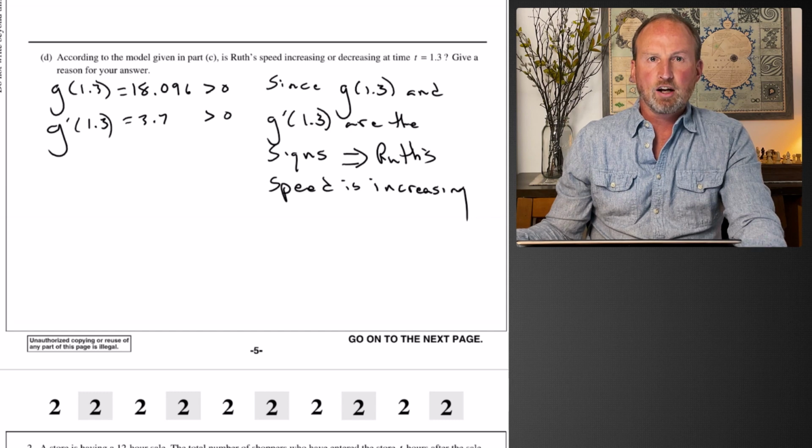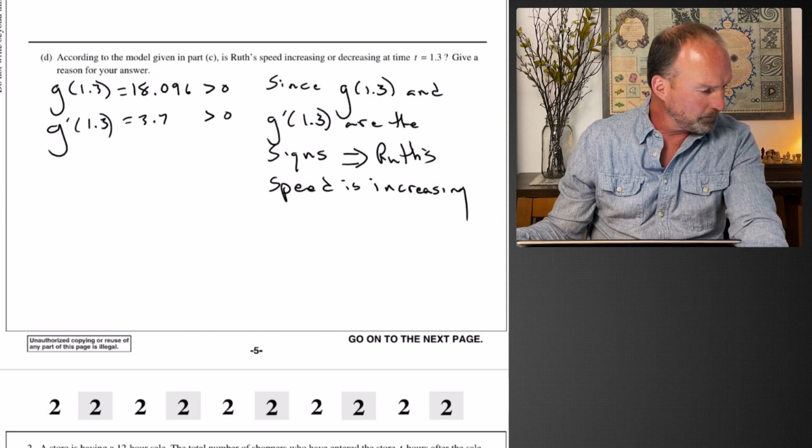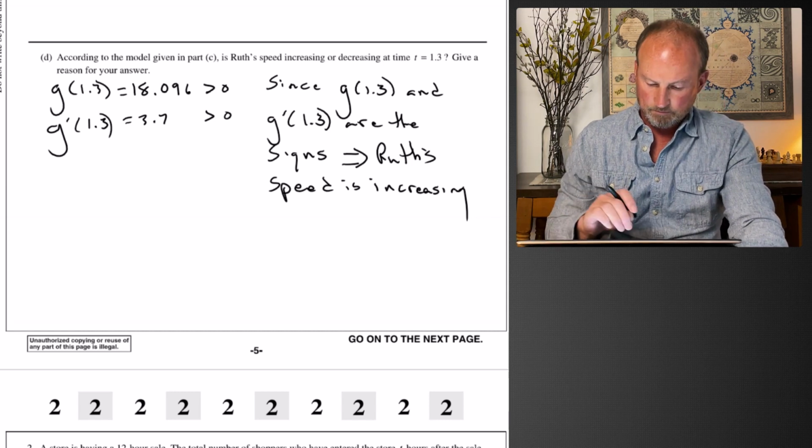Speed: if velocity and acceleration have the same sign, speed's increasing. If velocity and acceleration have different signs, speed is decreasing. Okay, just double check, make sure we got that good. Yep. All right.